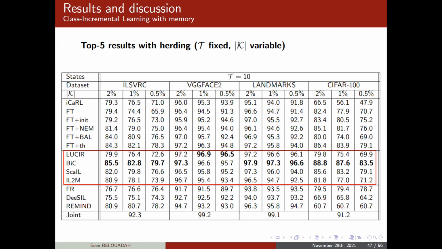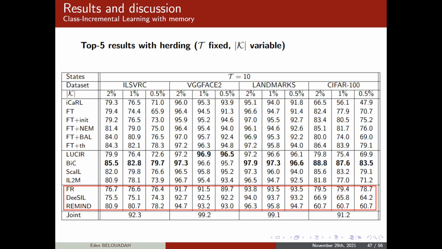LUCIR and BiC have more sophisticated components than the initially proposed distillation, and thus they have overall the best state-of-the-art results in this configuration. Note that SCALE and IL2M were published at the same time as LUCIR and BiC, and they are not far behind in performance in this configuration.